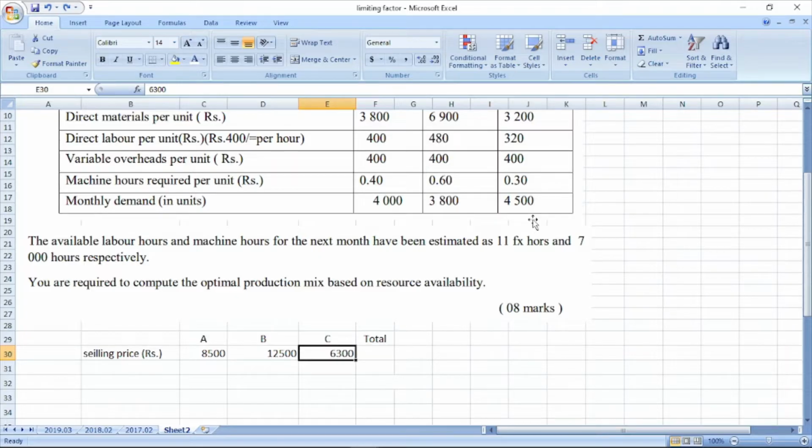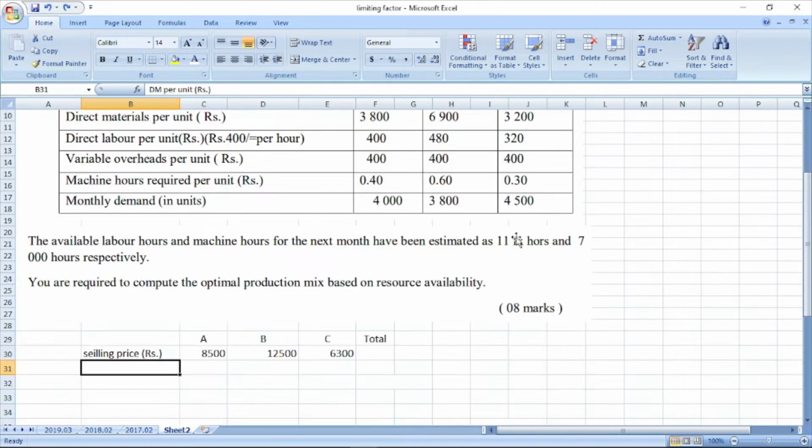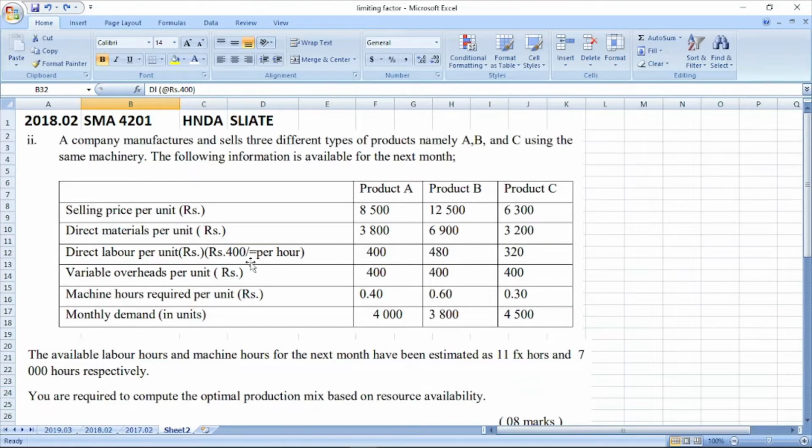And next, direct material per unit, we copy that. Next they give us direct labor cost in rupees, and 1 hour is 400 rupees.